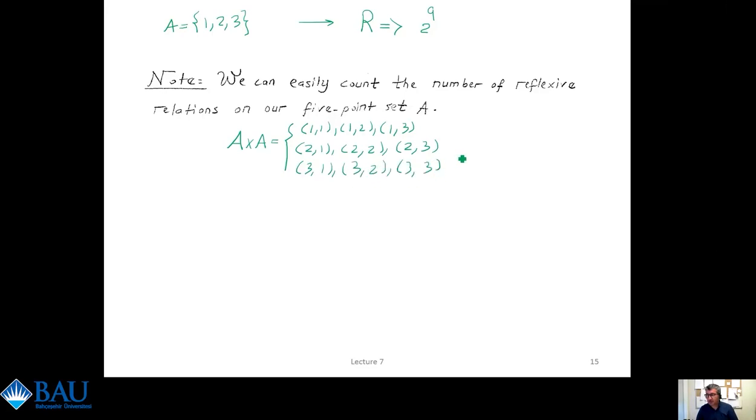We have this many elements in A cross A. Pick up any subset. That is a relation. So if you pick up a subset, that is definitely a relation. But we want to say how many of them are reflexive? To be reflexive, a relation needs to have 1, 1, 2, 2, 3, 3. Okay, let us pick up 1, 1.